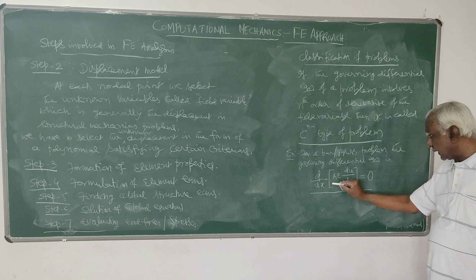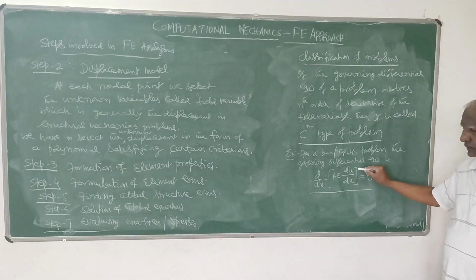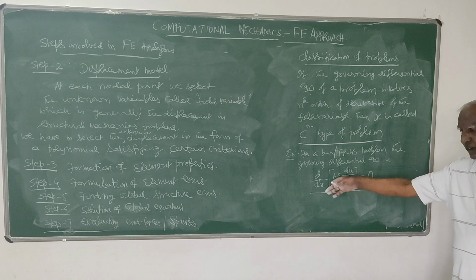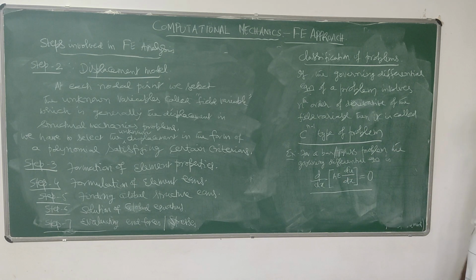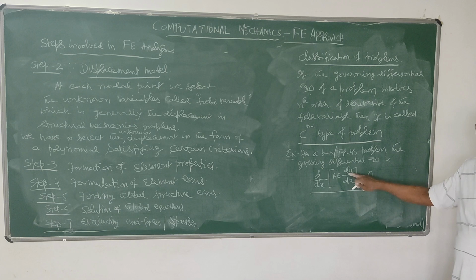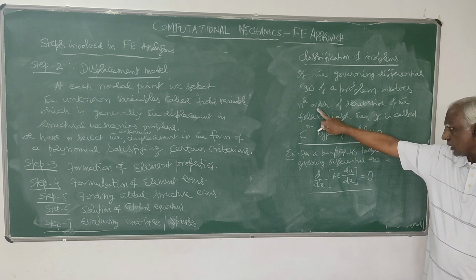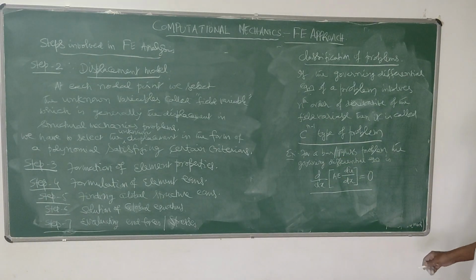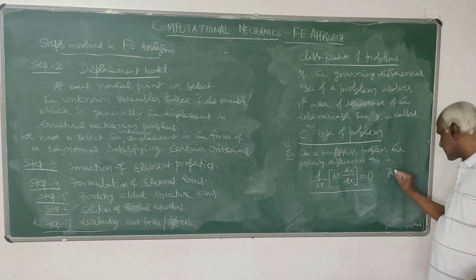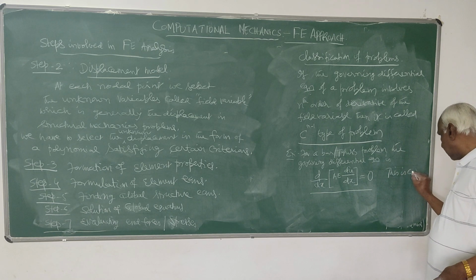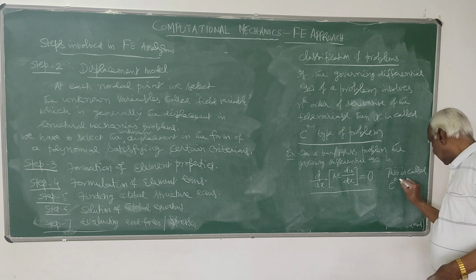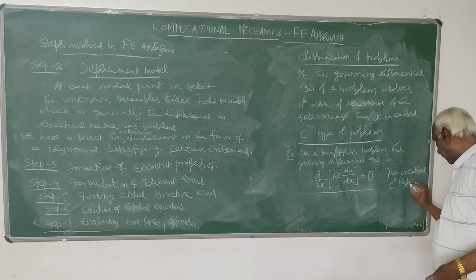Here, this contains highest derivative as du by dx. The second derivative anyway is 0. So this contains highest order as first order differential. So it is called C0 type of problem. This is called C0 type problem.